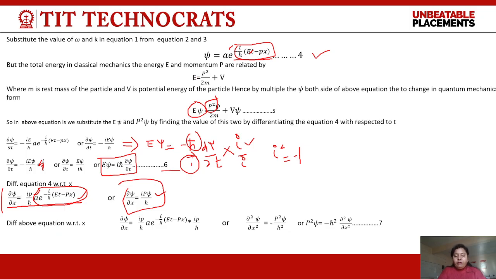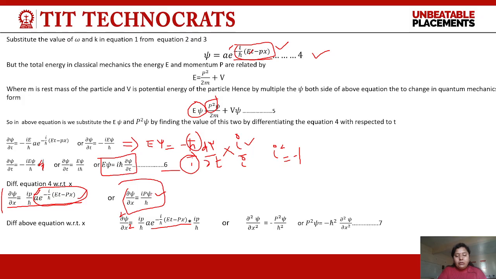So again I am differentiating the above equation with respect to x. When I differentiate this equation again with respect to x, I am getting del psi by del x square, i p upon h cut as it is, a e raised to power minus i h cut (Et minus px), multiplied by i p upon h cut. Now, again I am going to explain it. If I am differentiating this one and substituting this value again in place of psi, what happened?